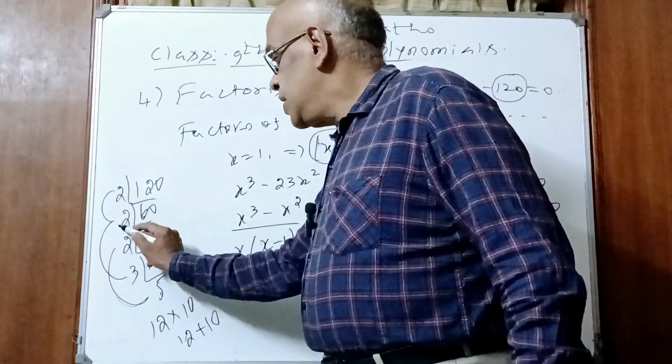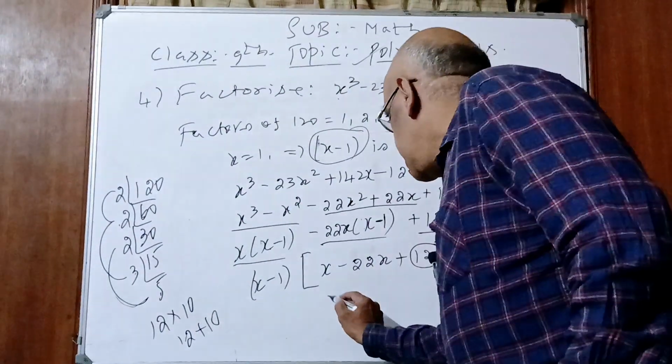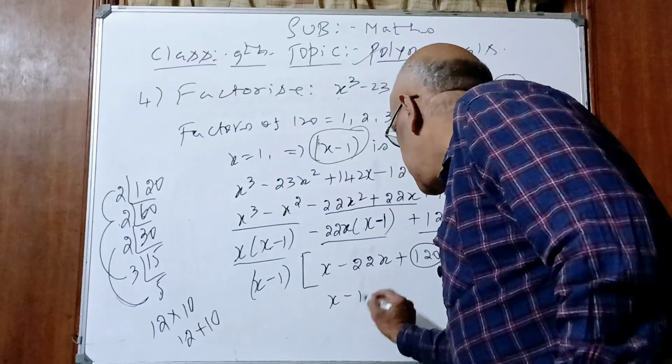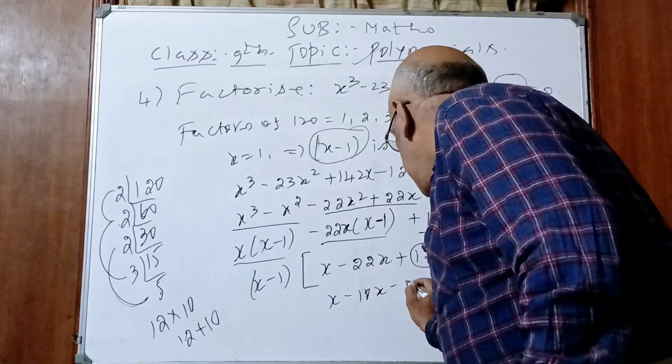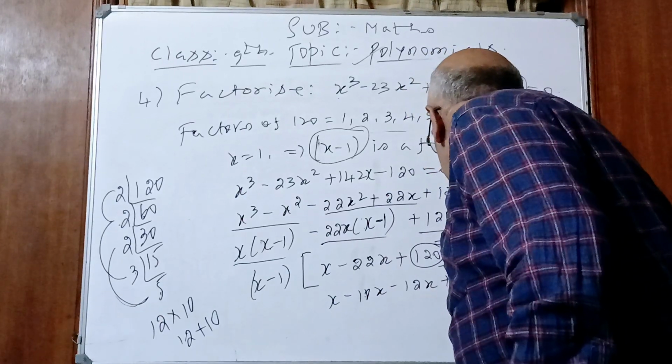Then 6 into 2, 12. So what do I do, children, here? X squared minus 10x minus 12x plus 120 is equal to 0.